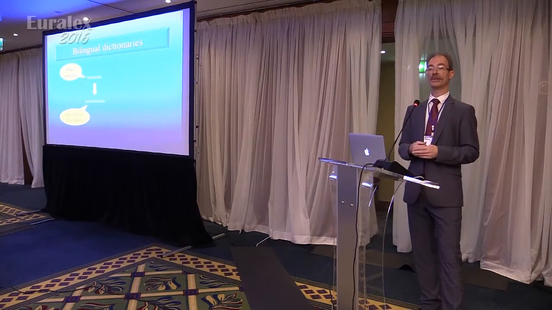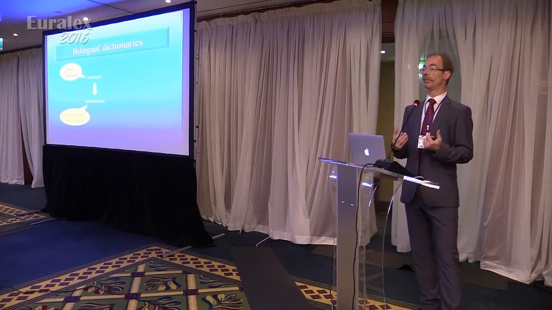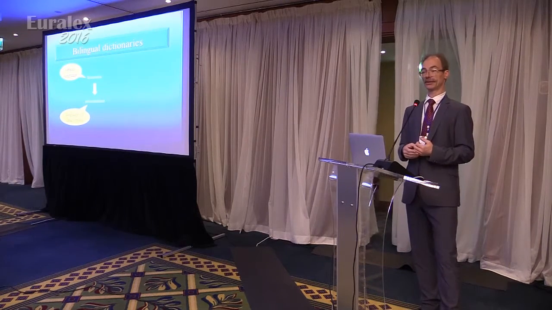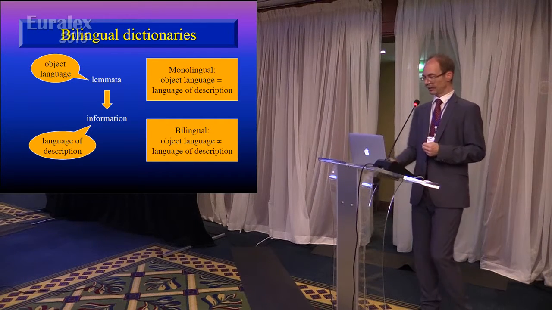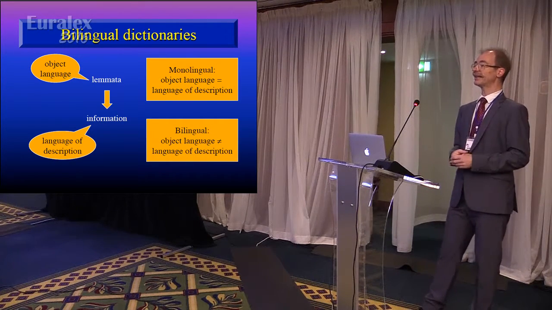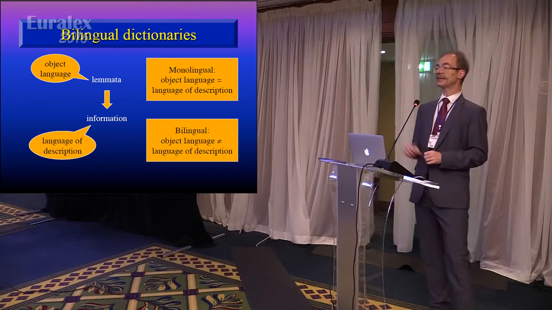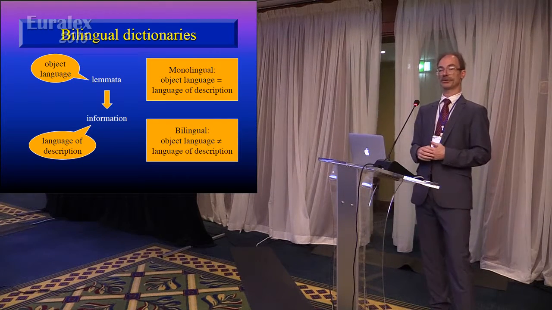Usually, monolingual dictionaries are taken to be more basic, but actually, they are a kind of special case. Monolingual dictionaries are the special case in which the object language is identical to the language of description.